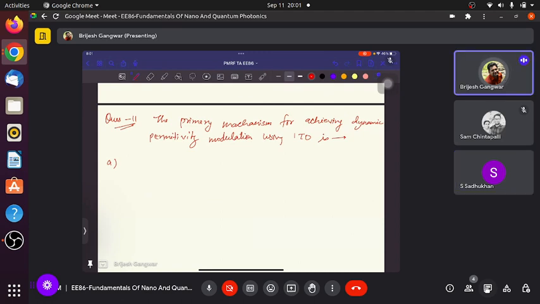Third one is rearrangement of constituent atoms on application of thermal energy, thereby changing state from amorphous to crystalline. Fourth one is injection of carriers at the interface due to applied voltage bias. Fifth one is physical expansion and compression on application of external stimulation.